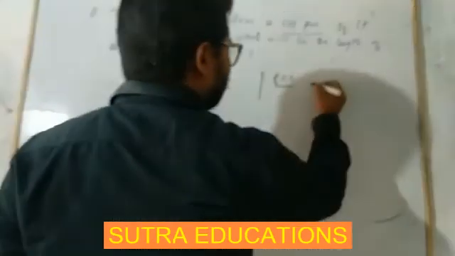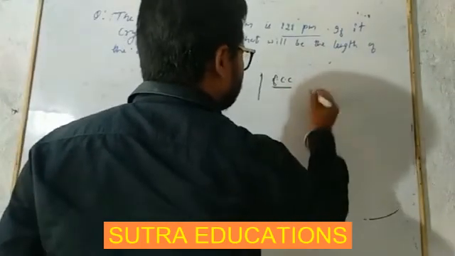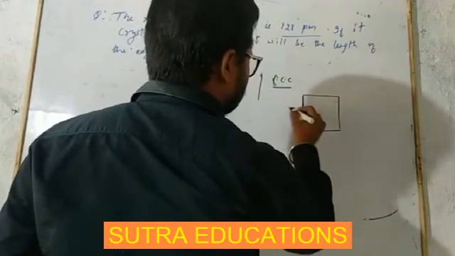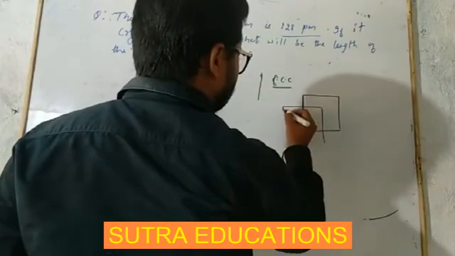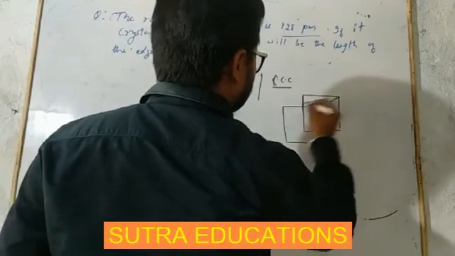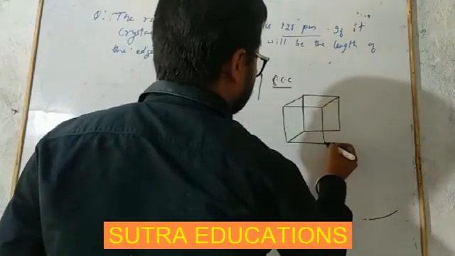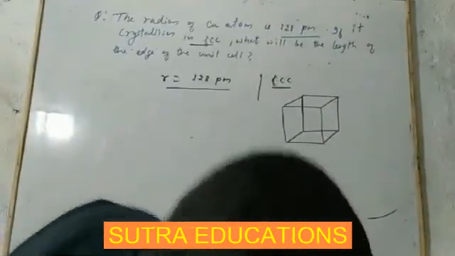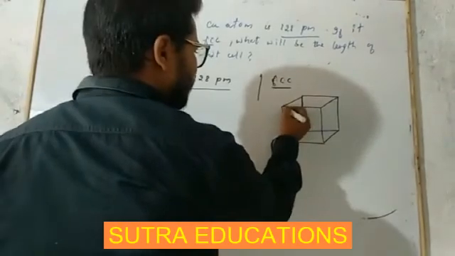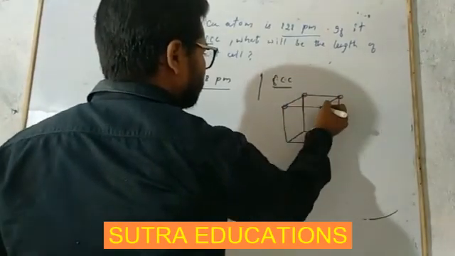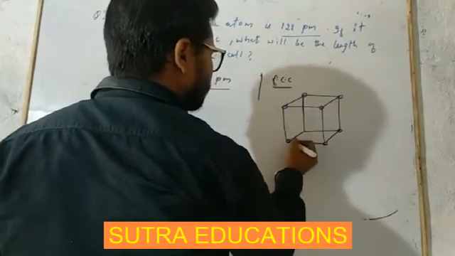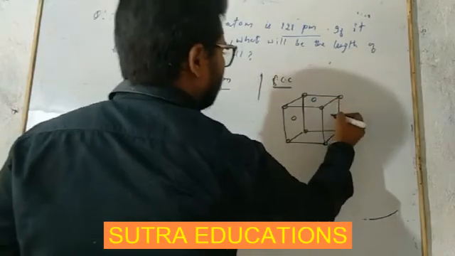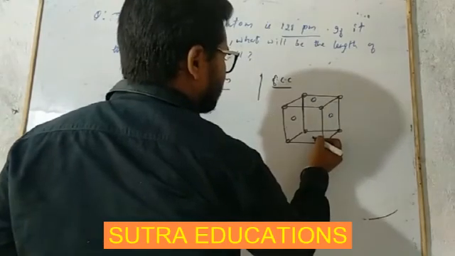Face centered cubic unit cell means atoms are present at the corners and at all the faces.